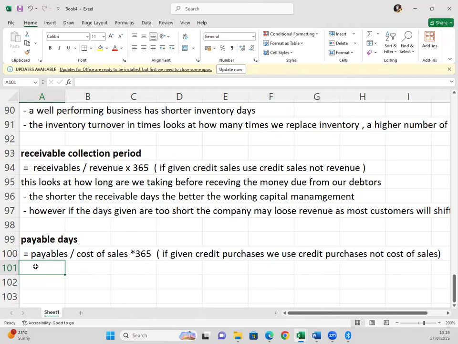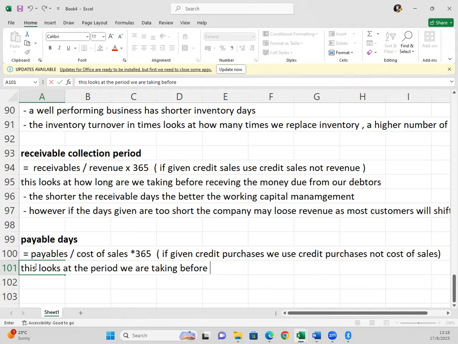So with payable days, we are looking at how long we are taking before paying the amount due to our suppliers. How long are we taking before we pay the amount due to our suppliers?